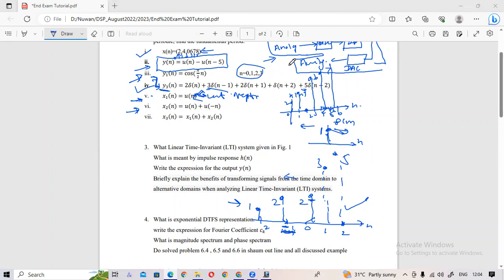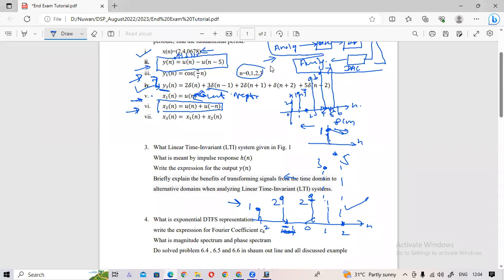Think again. Someone said it is non-periodic. Someone said it is periodic. Actually, this signal is a periodic signal. Let's see what happened.